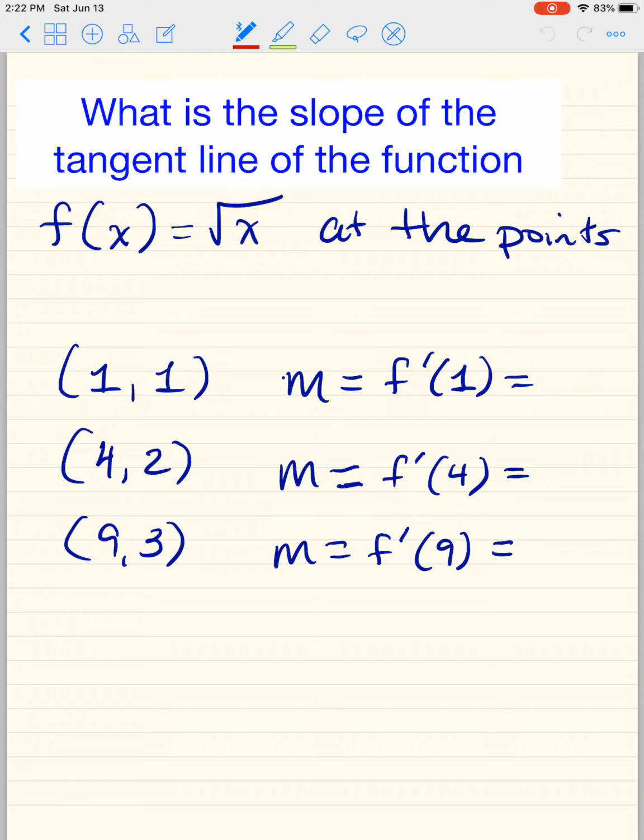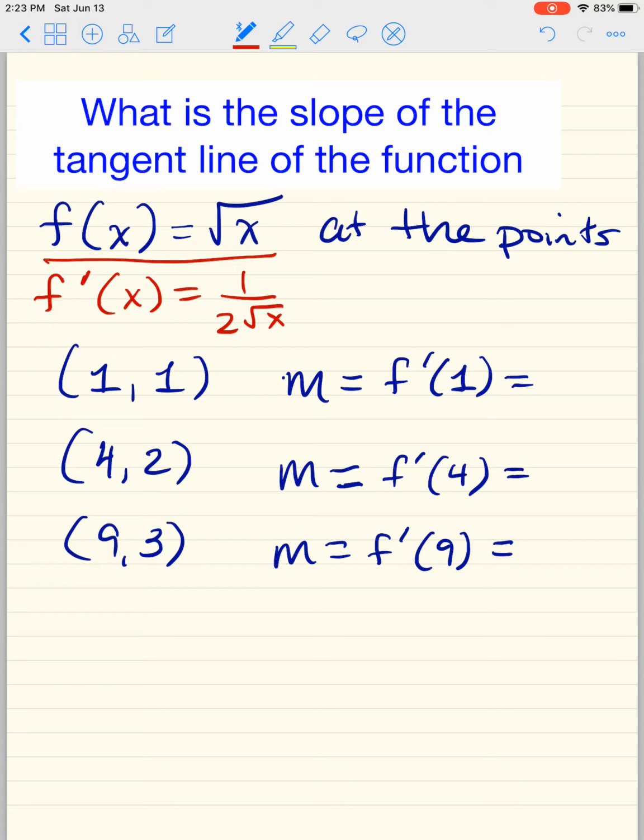So here it says, what is the slope of the tangent line of the function at the following points? First, f of x equals radical x. I just figured out what f prime of x is. F prime of x, again, is the derivative, and that was 1 over 2 rad x.